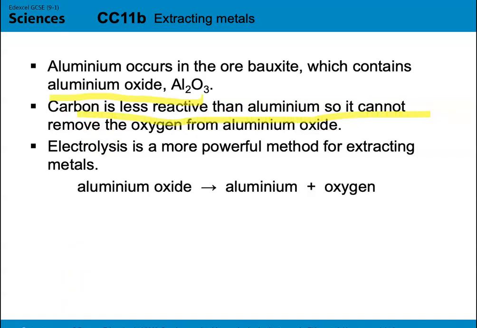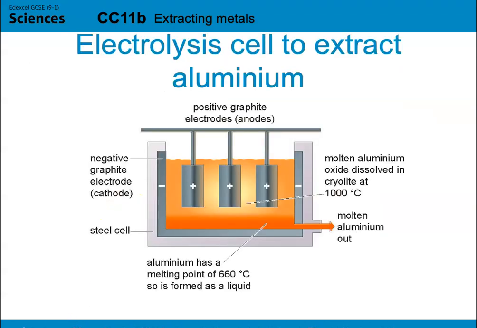The reaction is aluminium oxide forms aluminium and oxygen. Balanced equation, very important. Please remember the formula of aluminium oxide, Al2O3, and this is the reaction that occurs in the electrolysis in the extraction of aluminium.